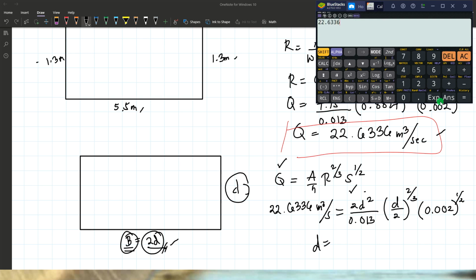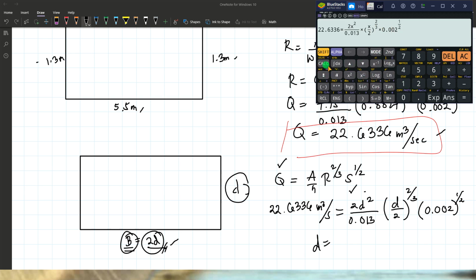That's 22.6336 equals 2D squared over 0.013, multiplied by D over 2 raised to 2/3, then multiplied by 0.002 raised to 1/2.